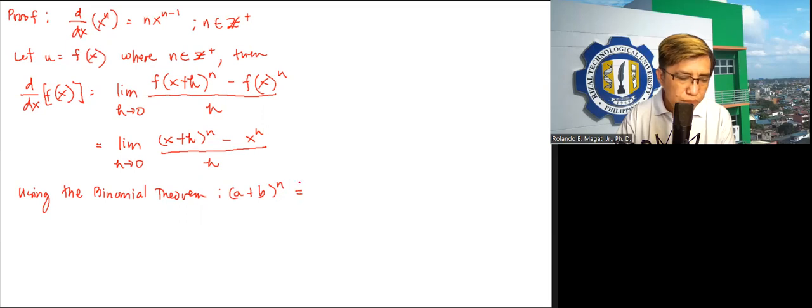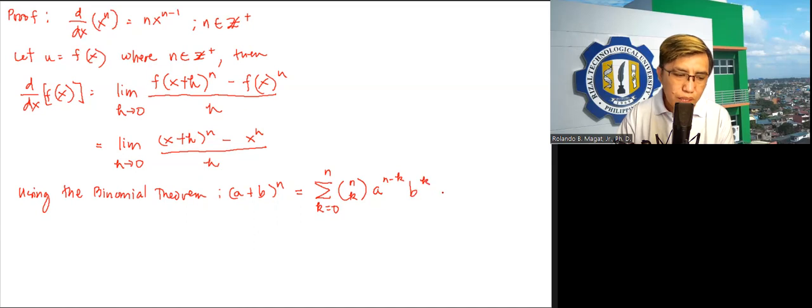Then, what we do have is the summation of n choose k from k is equal to 0 up to n of a raised to n minus k multiplied by b raised to k.